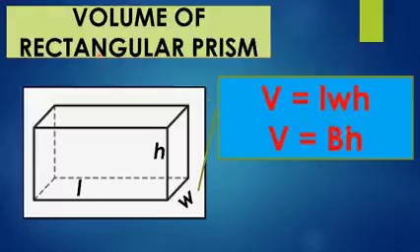Since we're talking about rectangular prism, we all know that its base is composed of rectangles. So that means, pwede nating palitan yung B with the area of the base, which is the area of the rectangle. Recall natin na para kunin yung area ng rectangle, we need to multiply length by width. So therefore, the volume of rectangular prism is equal to length times width times height.